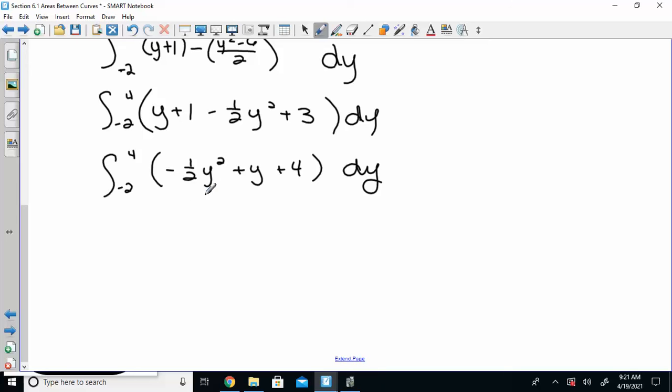Okay, so if we do our antiderivatives, add 1 to the power, so we need a 1/3 to go in front. This would become y squared, so we put a 1/2 in front. That would be a 4y.